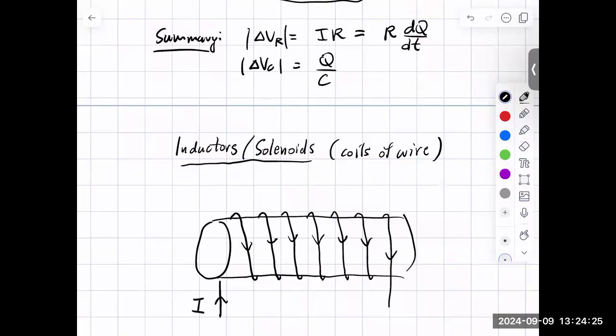We know that current is a source of magnetic field. Charge is a source of electric field. Moving charge, or current, is a source of magnetic field. So we can figure out the direction of the magnetic field inside the solenoid. It's going to be left or right. Which way is it? Right.